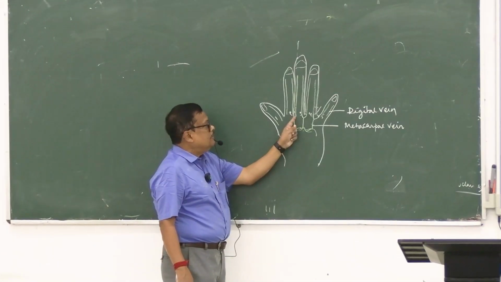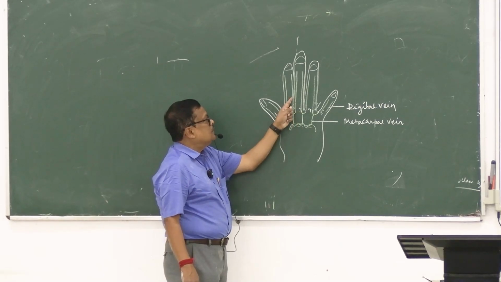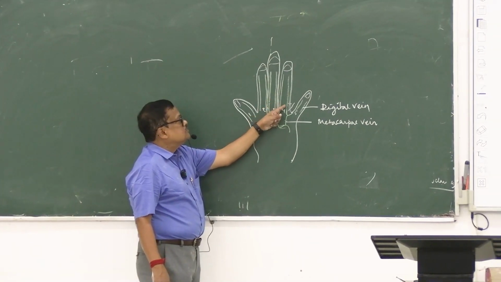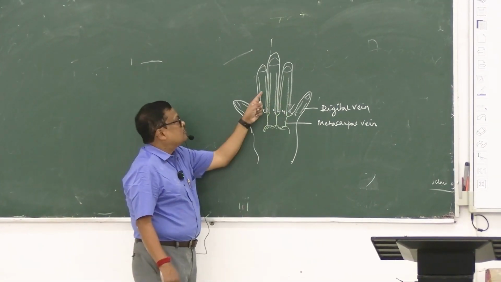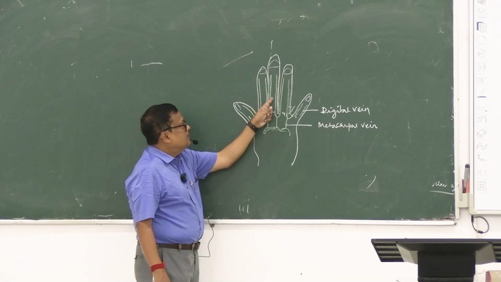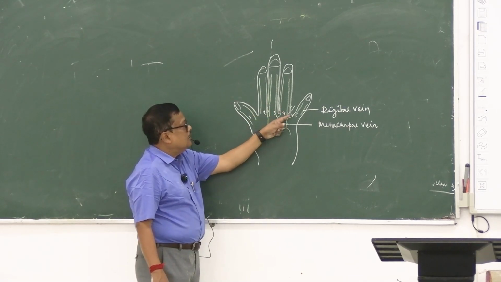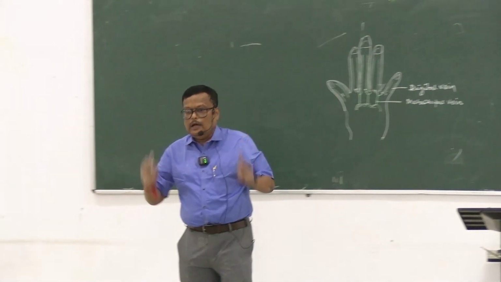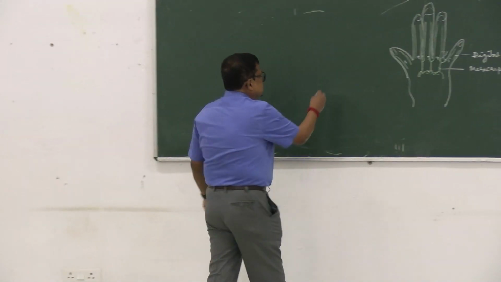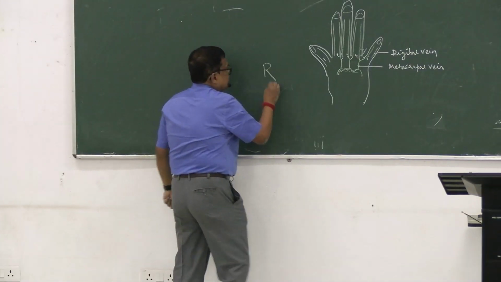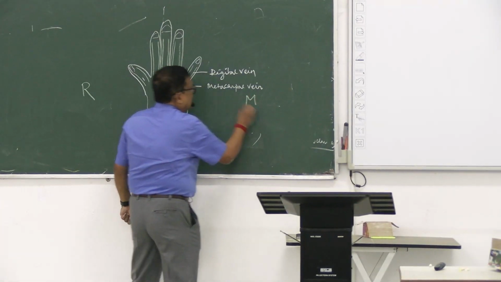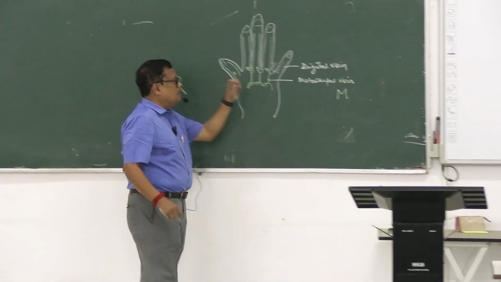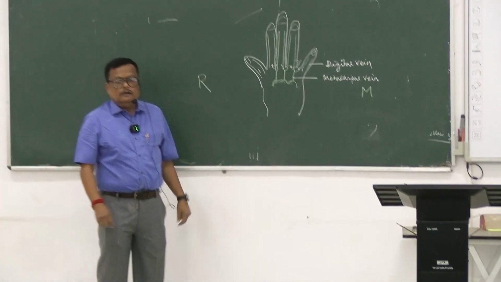So the dorsal venous arch is formed by the 3 metacarpal veins. In turn, the 3 metacarpal veins are formed by these 6 digital veins, from part of the index finger, middle finger, ring finger and part of the little finger. Is it clear? Now, this is the lateral side or radial side, and this is the medial or ulnar side, as the thumb is on the radial side.